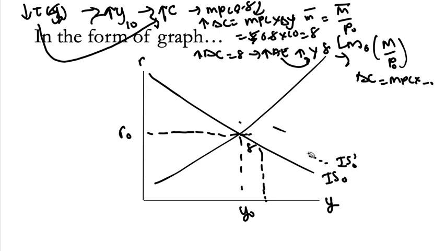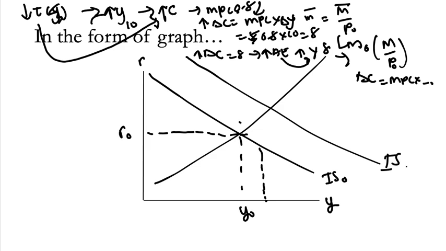So finally, you can have a total increase in IS from IS0 to IS1, and if interest rate is constant, Y0 to Y1.